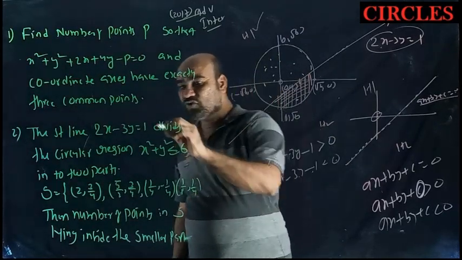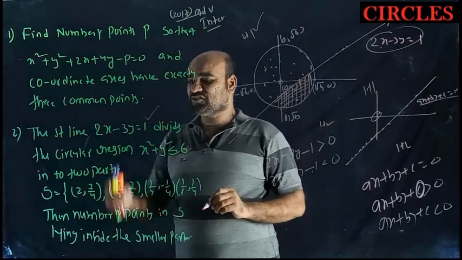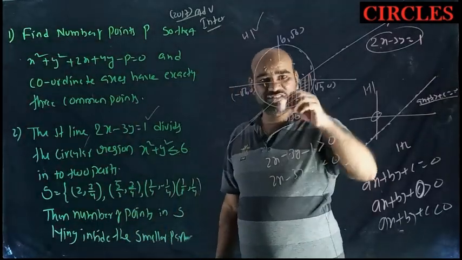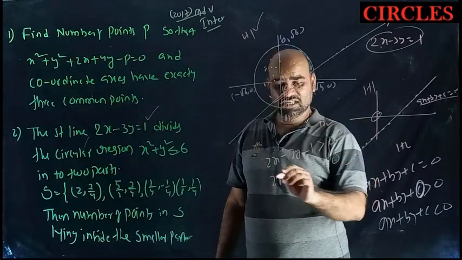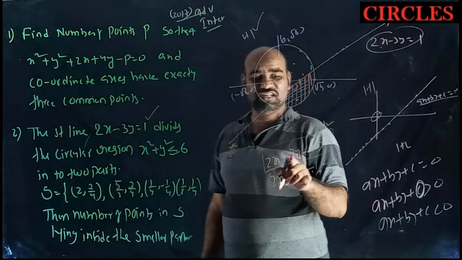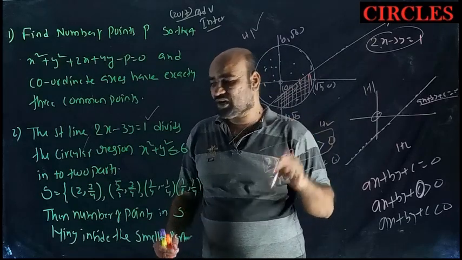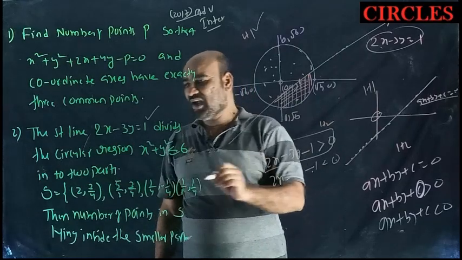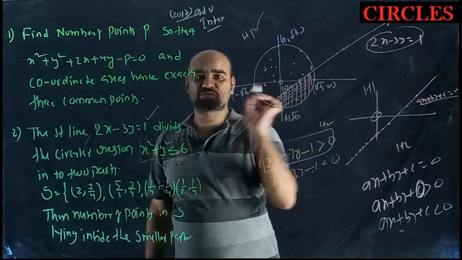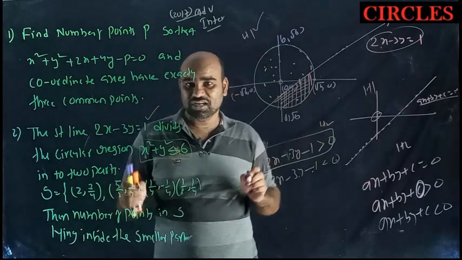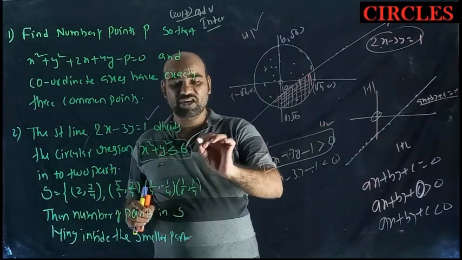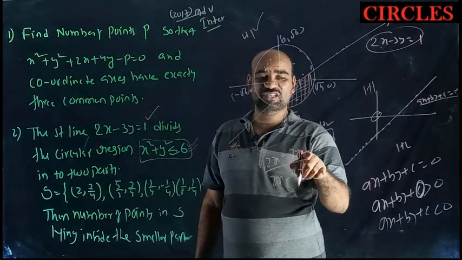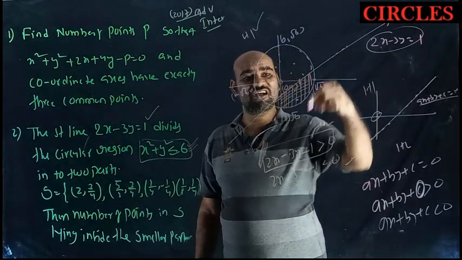Now what do we want? We want to find the common region satisfied by the circular region and the shaded region, which is the first one, 2x minus 3y minus 1 greater than 0. We want to identify how many points in S satisfy this condition and also this condition, because 2x minus 3y minus 1 greater than 0 is the equation of the H2 half plane.